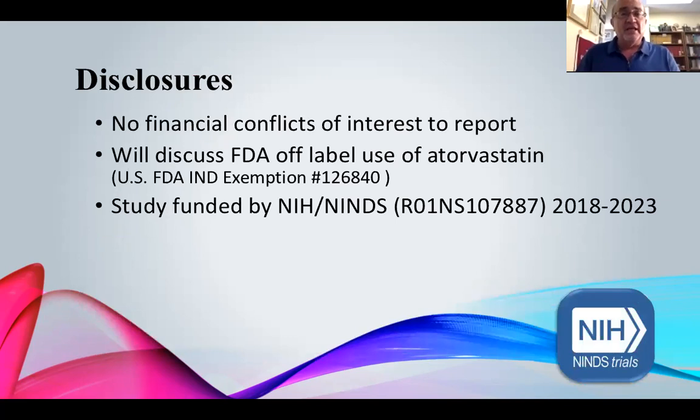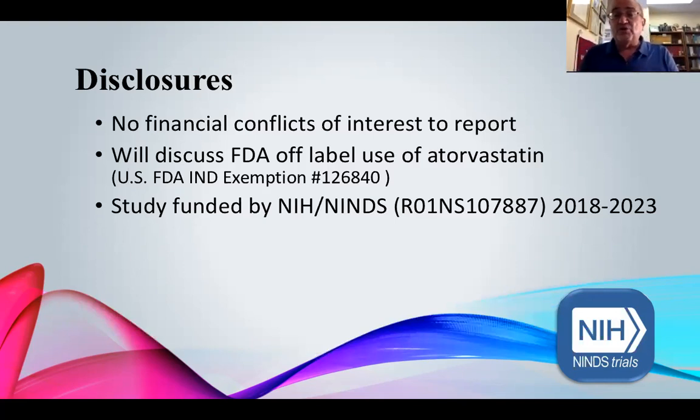It's important. So this trial will be funded by the National Institutes of Health over the next 5 years. It received an off-label use permission by the Food and Drug Administration because we're going to use a statin for an indication other than what it's used for currently.